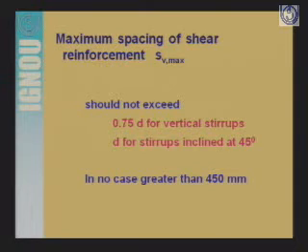So this purpose is also solved by the minimum shear reinforcement. Now, the maximum spacing of the shear reinforcement, Sv max, is also defined in the code, and the code says that it should not be greater than 0.75 d, where d is the effective depth of the member at that particular section.